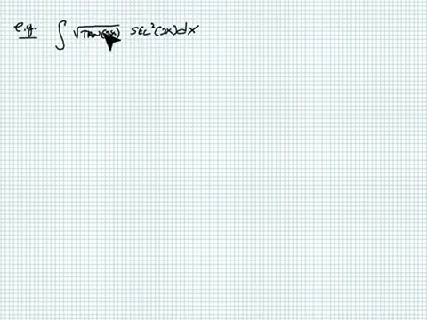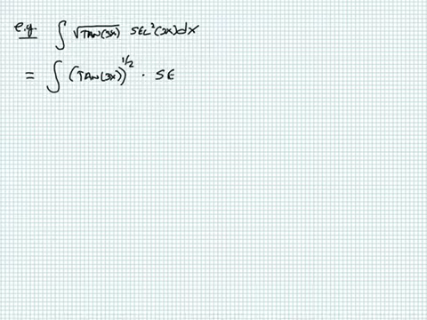But because the square root is here, this tangent is to a power. And so I'm going to rewrite this as the antiderivative of tangent of 3x to the 1/2 power times secant squared of 3x dx. And I need to figure out what form I'm looking for here. So the form that I'm looking at is actually the antiderivative of u to the 1/2 du.